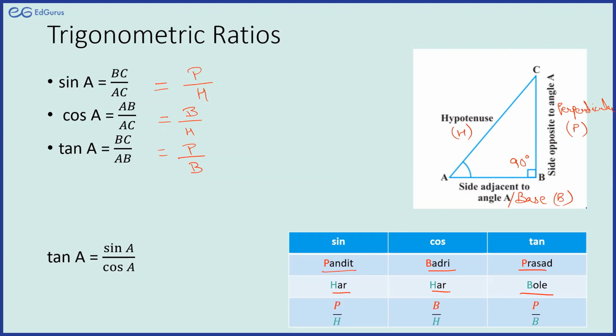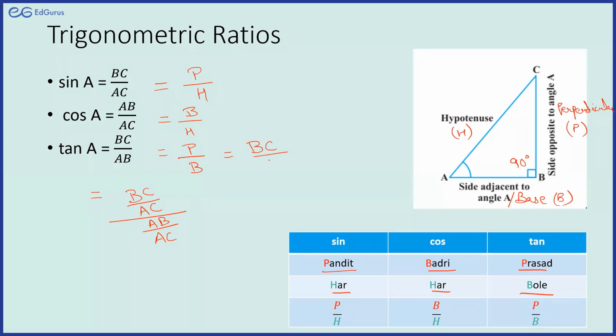Yes, ma'am. Now, tan A. Now we said tan A is equal to BC upon AB, right? So what is BC upon AB? BC upon AB can also be written as BC upon AC divided by AB upon AC, right? AC is dividing both the things. Did you understand this? I wrote it, right?